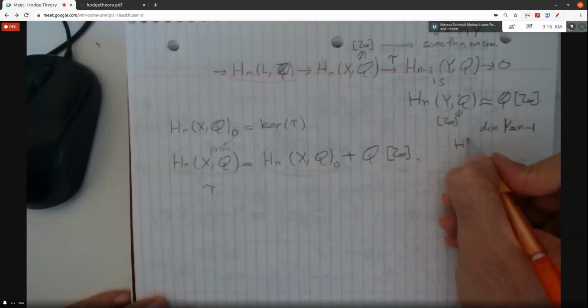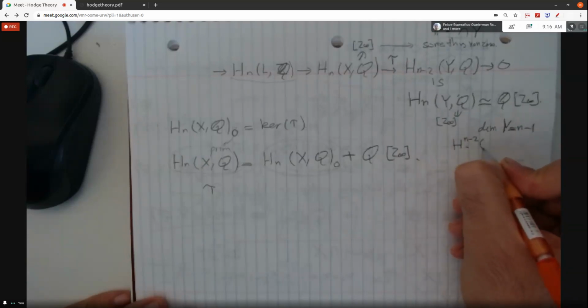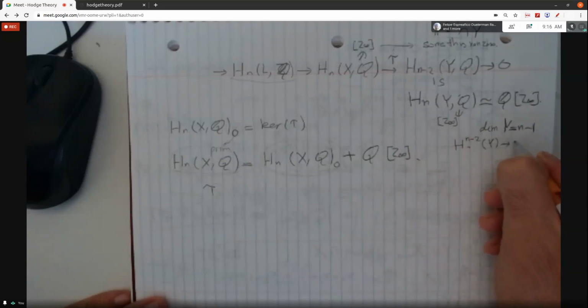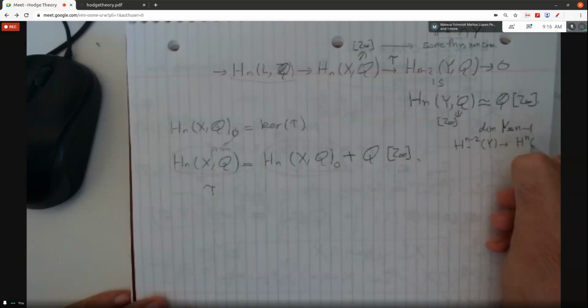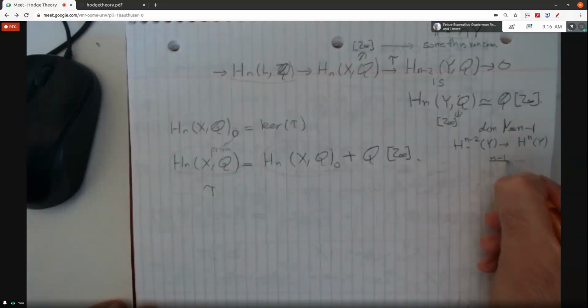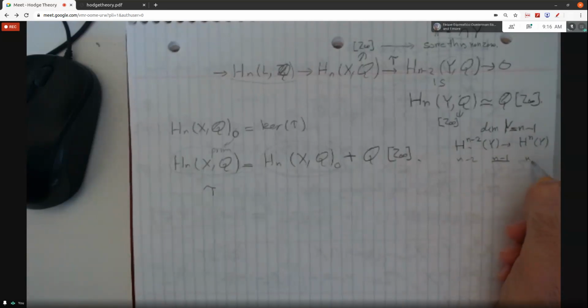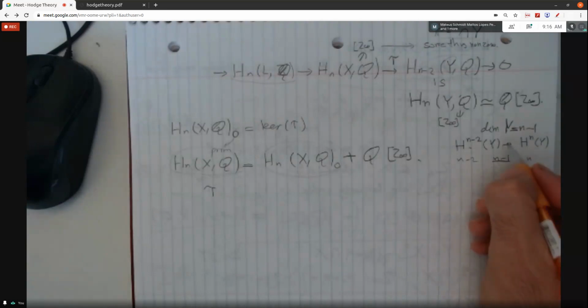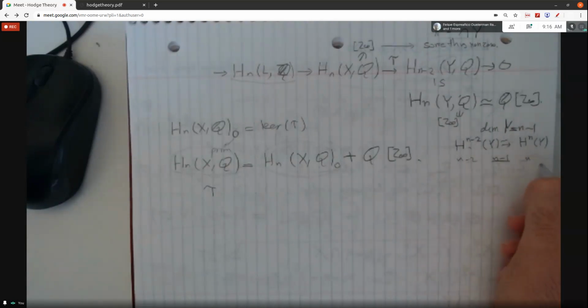So it was one dimension below. Let me write in the cohomology. H^{n-2}(Y) going to H^n(Y). So n minus 1, n minus 2, n. And by hard Lefschetz theorem, the cohomology below the dimension and above the dimension, in a symmetric way, are isomorphic.